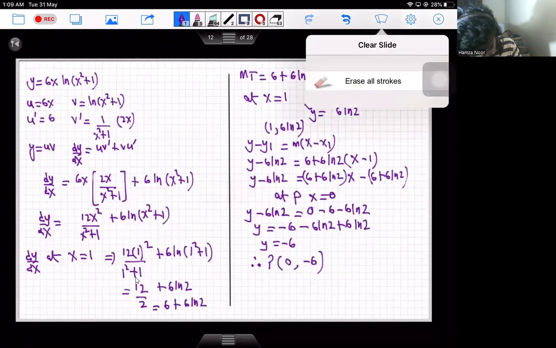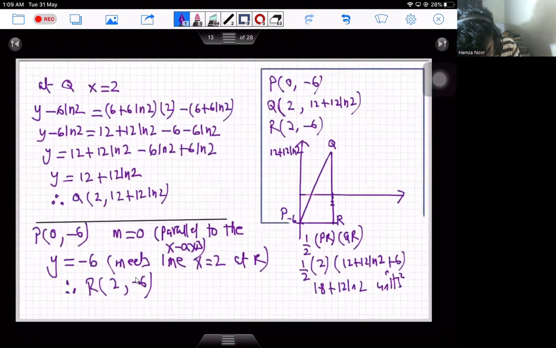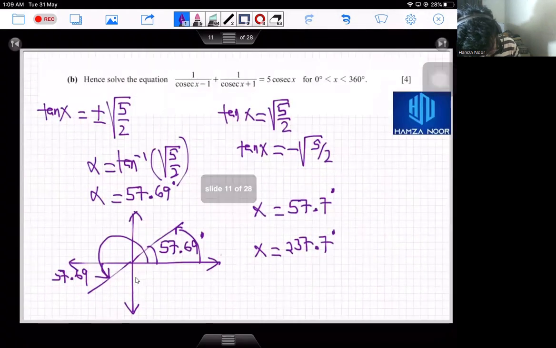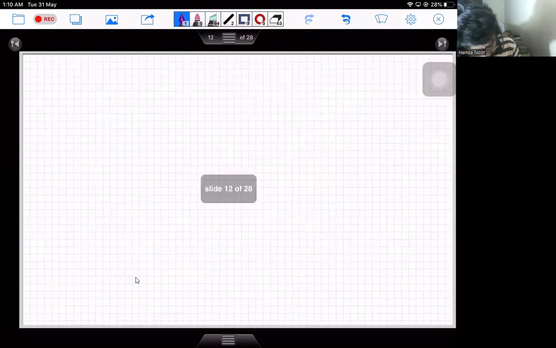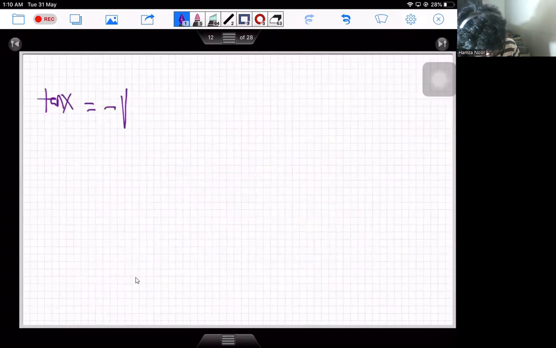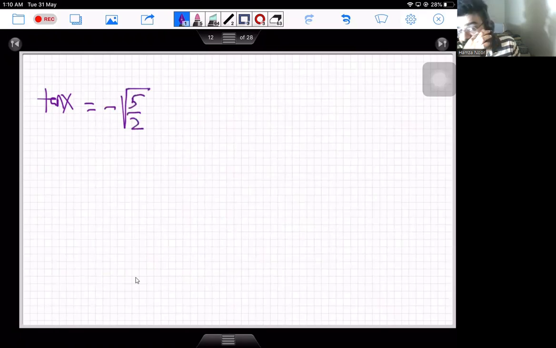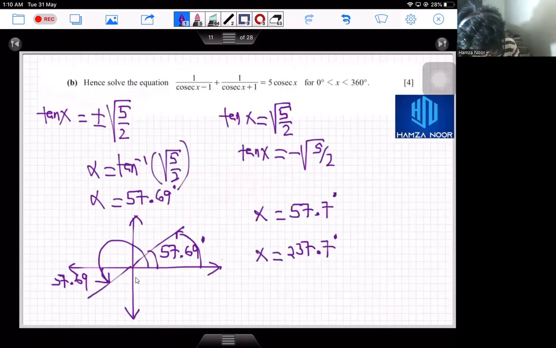Let me make some space on this page. Now we are going to solve this equation: tan x is equal to minus under root of 2.5. As we know, the basic angle would be the same. Alpha is 57.69 degrees.